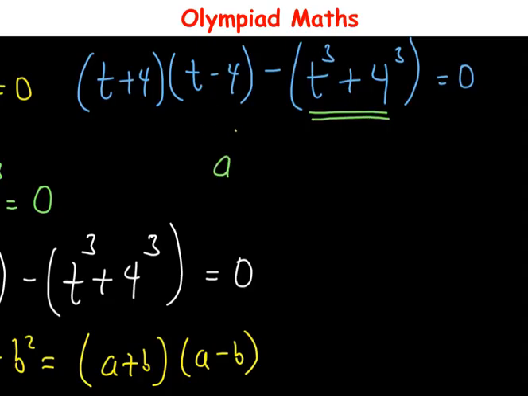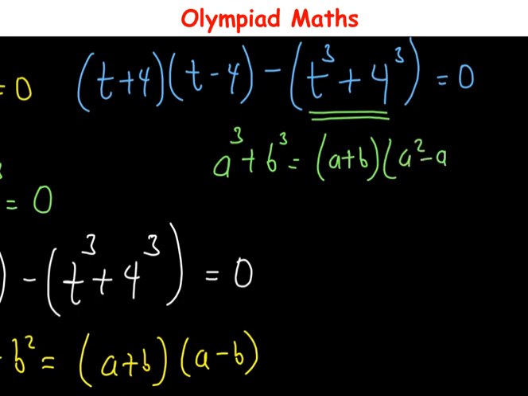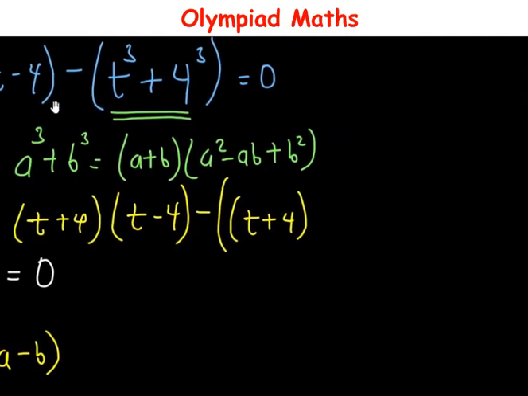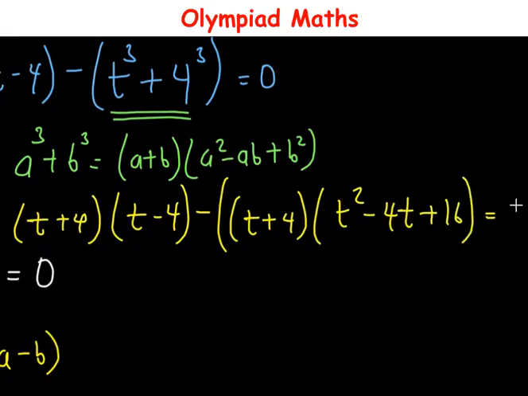If you have a³ plus b³, this equals (a + b)(a² − ab + b²). Such that if we work with this, we have (t + 4)(t − 4) minus (t + 4)(t² − 4t + 16), and this equals 0.